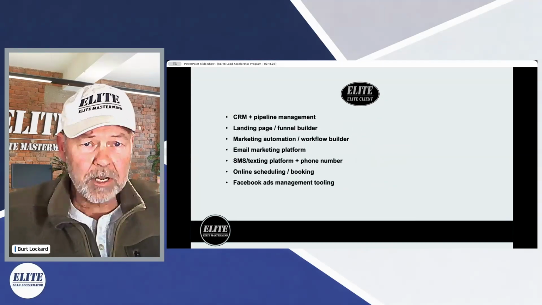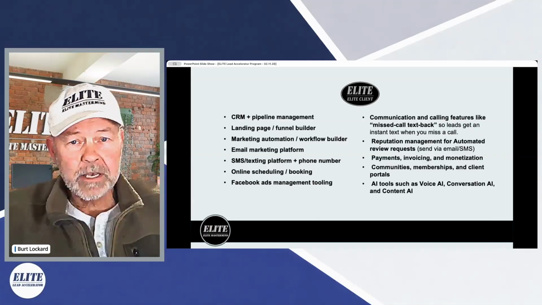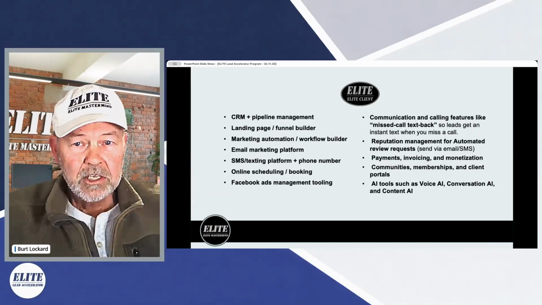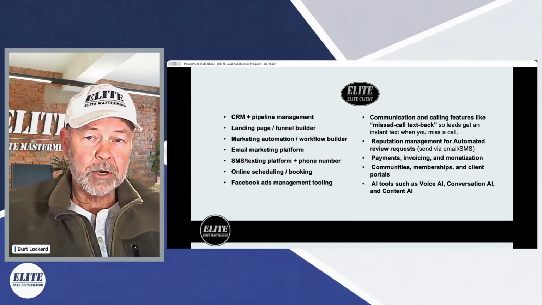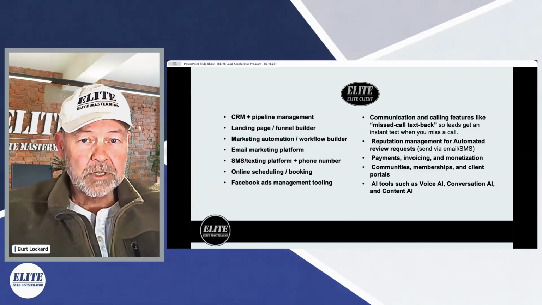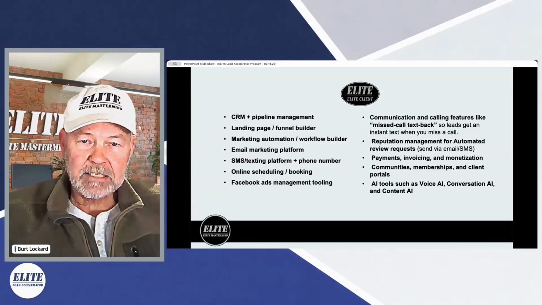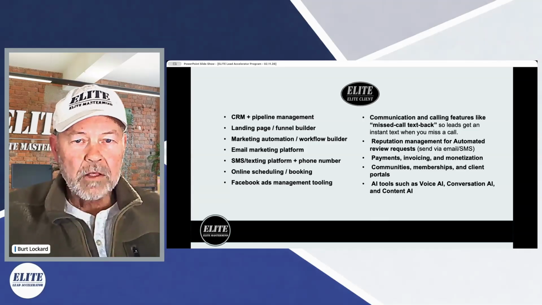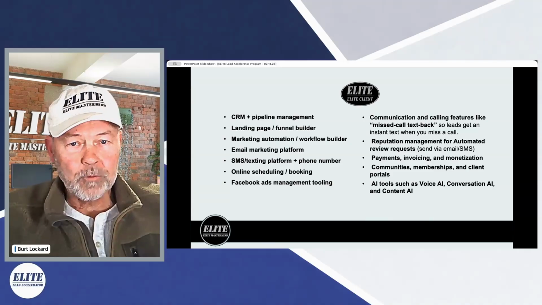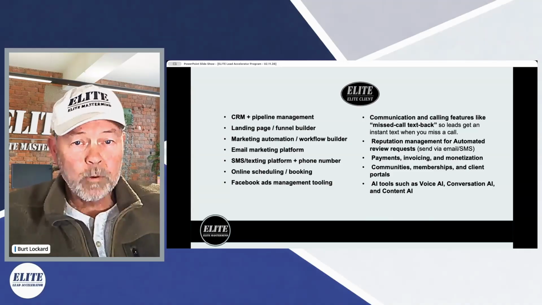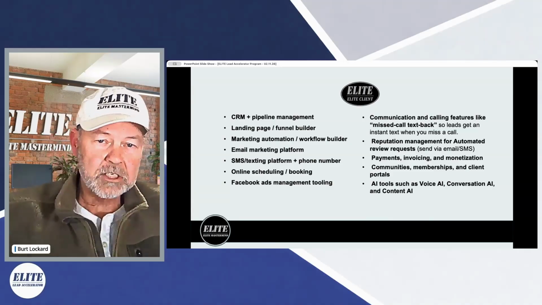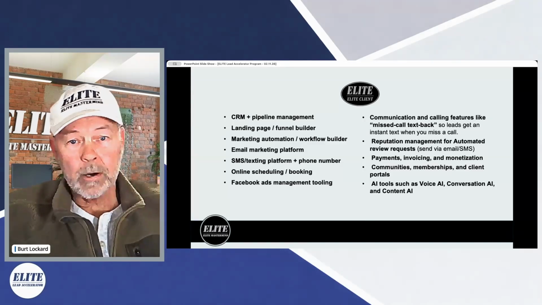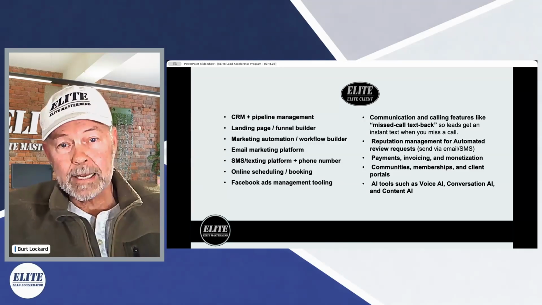In addition to that, with Elite Client, you also get communication and calling features like missed call text back. So if somebody calls you and doesn't reach you, they get a text back saying, "Hey, we're sorry we missed your call. How can we help you?" Then you get reputation management for automated reviews. Google reviews are very important, especially when you're selling something at the price point of a remodel or a custom home or a landscaping project.